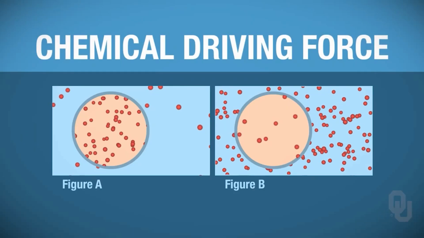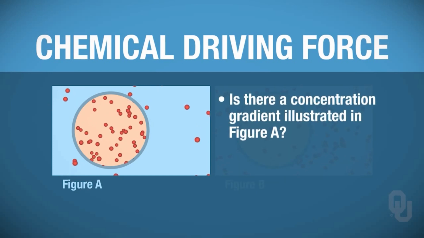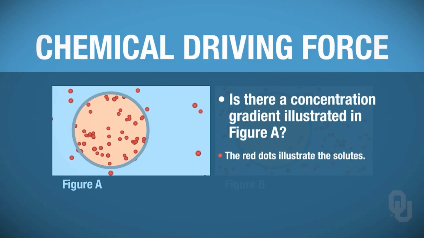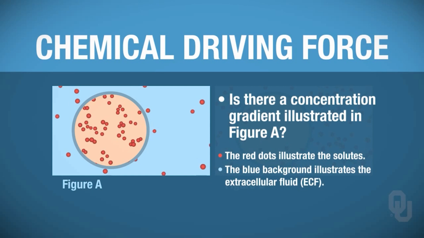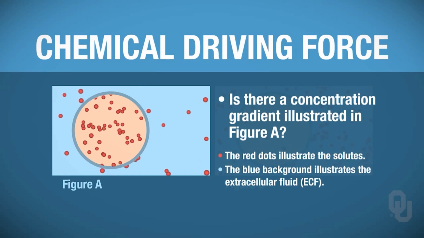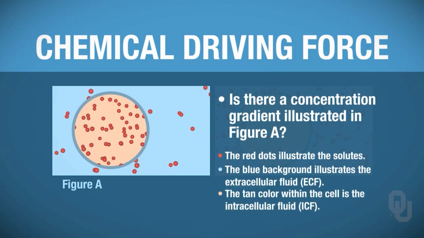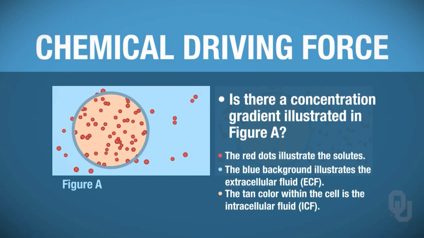So a question: is there a concentration gradient illustrated in figure A? The red dots illustrate the solutes. The blue background illustrates the extracellular fluid, so the blue is your ECF. The tan color within the cell is your ICF. The red dots again are the solutes. So the question: is there a concentration gradient illustrated?